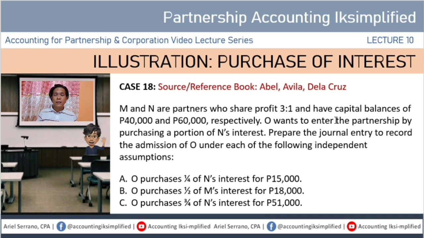Now, let me correct it lang, kasi dito sa A, B, and C, yung isa, O purchased 1/4 of N's interest for 15,000, pero sa letter B, O purchases 1/2 of M's interest for 18,000. Samantalang sa letter C assumption, bumili si O ng 3/4 ng interest ni N for 51,000. Pero kasi dito nakalagay portion of N's interest.